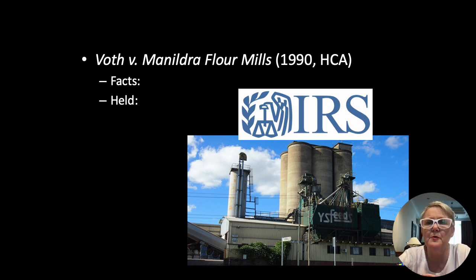Manildra basically said, no, we believe that there is a dispute, but the United States would be a more appropriate forum for it to be resolved in because the relevant facts, evidence, witnesses, everyone else was predominantly in the US. The High Court had to decide whether the Australian courts were an appropriate forum for the case or if it should be dismissed in favour of a trial in the US. So the case is useful because it discusses forum non-convenience.